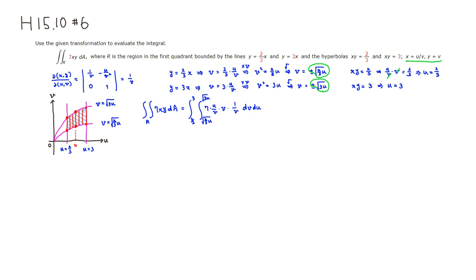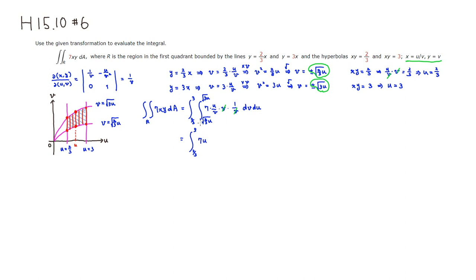All right, so simplify that. You have v here and v cancel out, so we get that. All right, so let's evaluate. I'm going to leave the outside integral, so you have 2/3 to 3. Since the inside is with respect to v, 7u is just a constant, so I'm going to put the 7u outside.